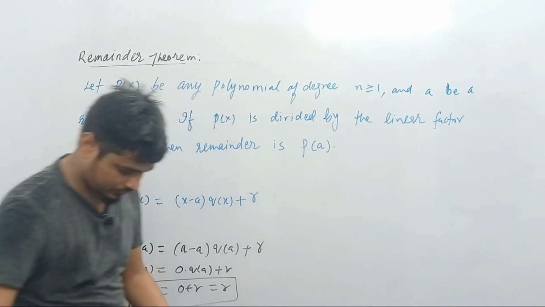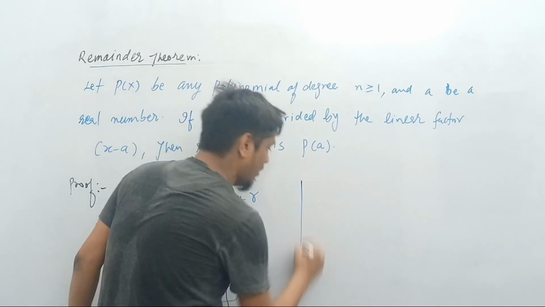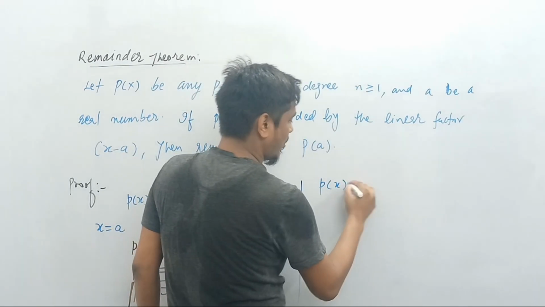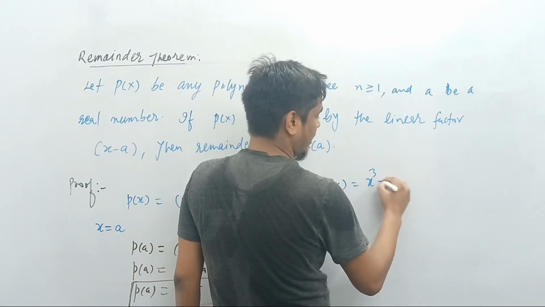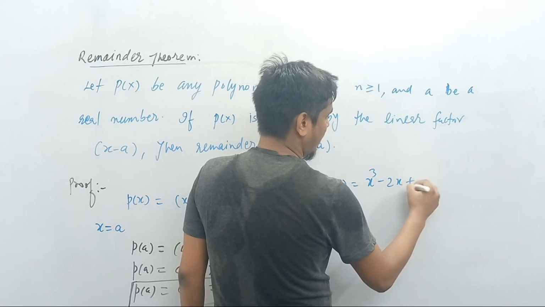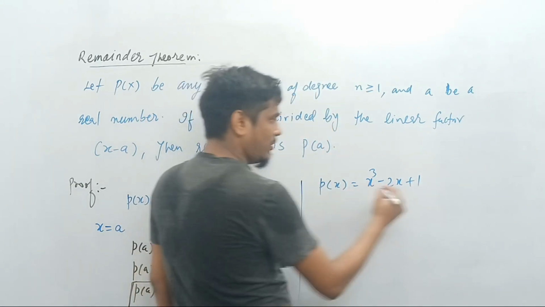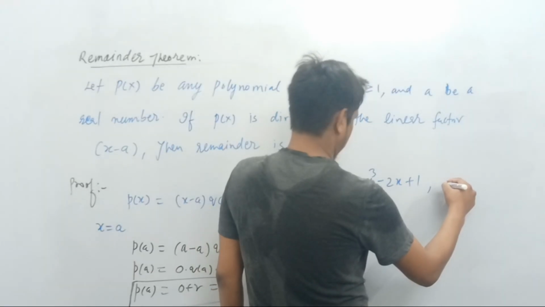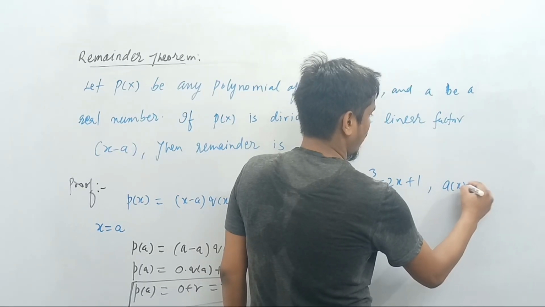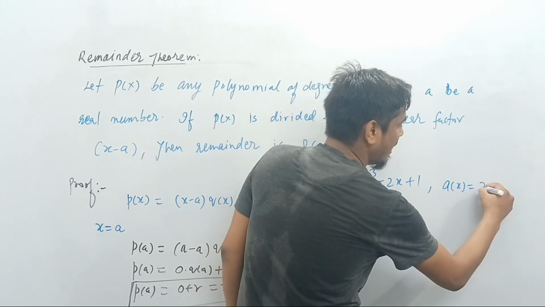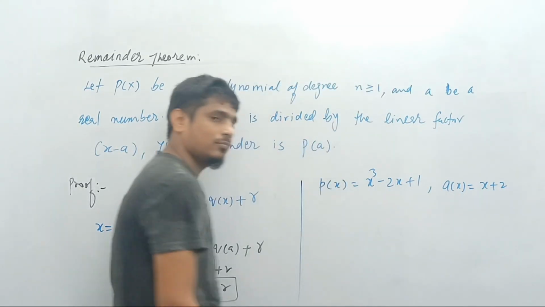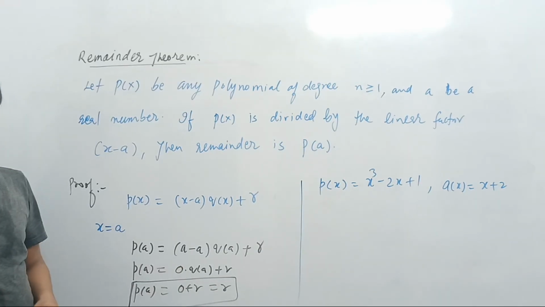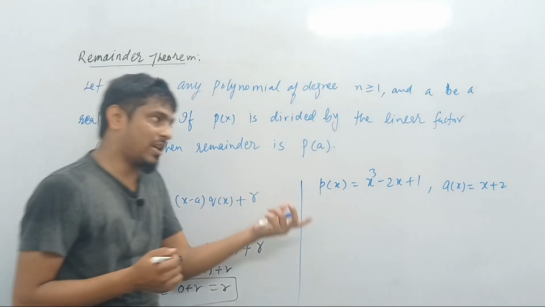Suppose we are given a polynomial p(x) is equal to x power 3 minus 2x plus 1, and we are going to divide this by, let's say, a(x), which is equal to x plus 2. So what will be the remainder in this case?